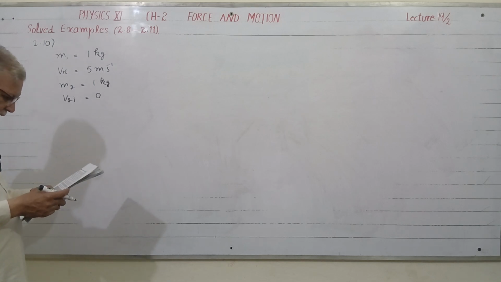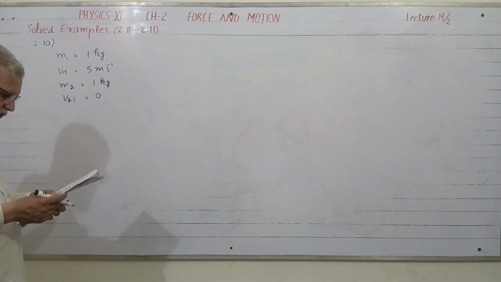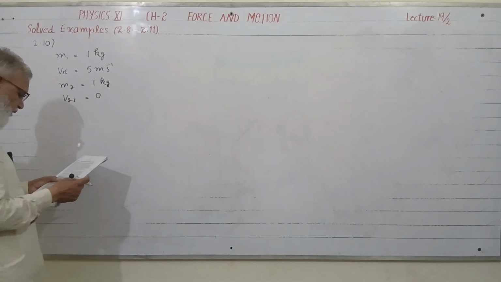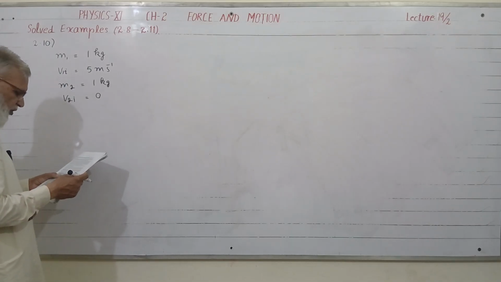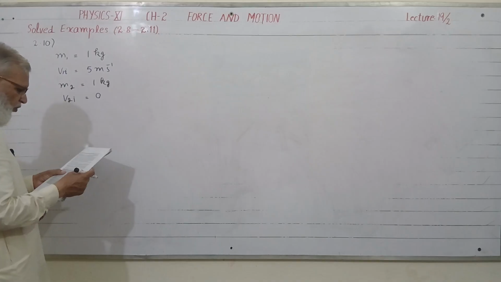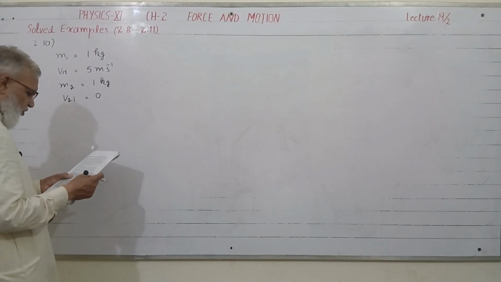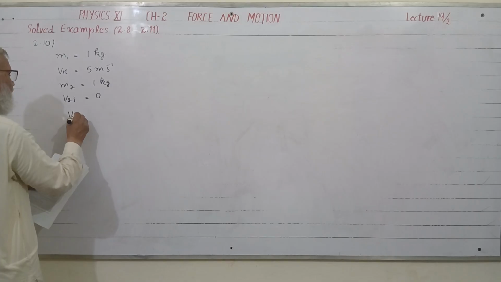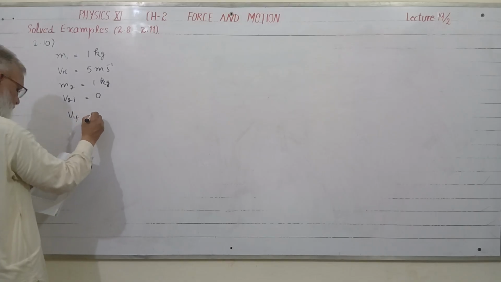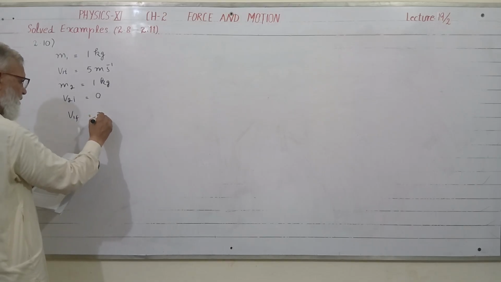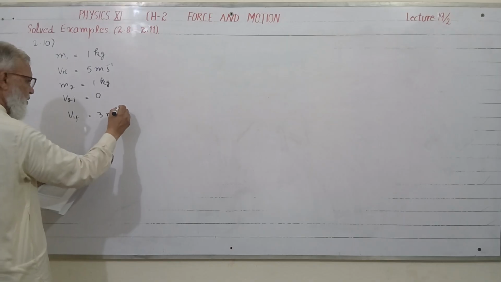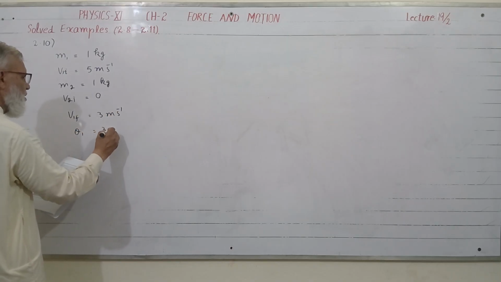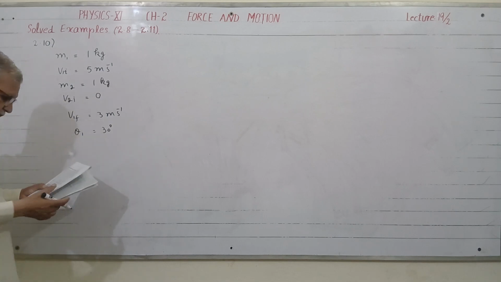After collision, the particle A moves at an angle of 30 degree. So after collision, particle A, that is V1f, moves with a velocity of 3 meter per second at 30 degree. V1f is equal to 3 meter per second and theta 1 is 30 degree.